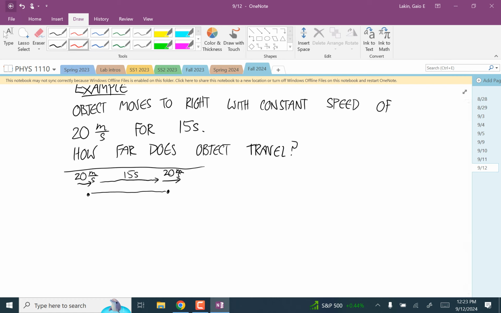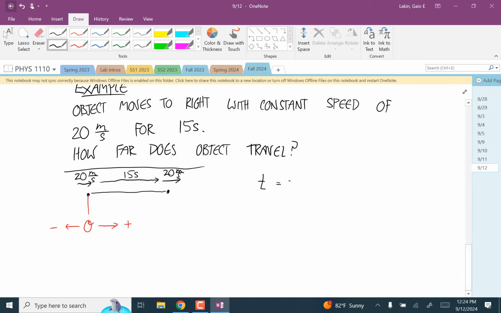I'm going to start out by choosing a 0 position and a positive direction. I'll choose my 0 to be here and the positive this way. That means the negative is this way. And so what we're trying to find is the position when the object gets to that second point.